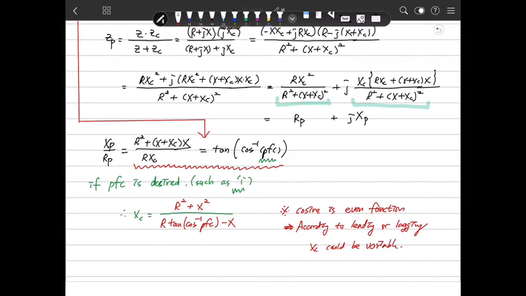Anyway, if you want to make up that PFC, then if you insert the compensating impedance XC with these values, you can achieve the PFC value here.